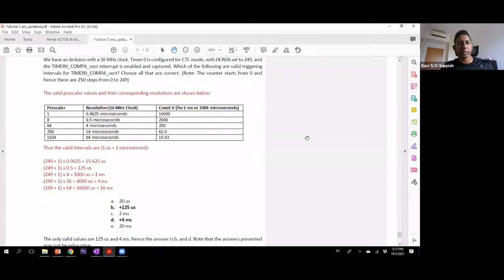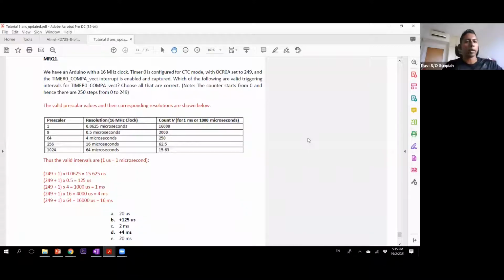In this question, we are given an Arduino with a 16 megahertz clock. Timer 0 is configured for CTC mode with OCR0A value at 249, and timer interrupt is enabled. Which of the following are valid intervals? You need to look at all the possible prescaler values, which you can calculate.